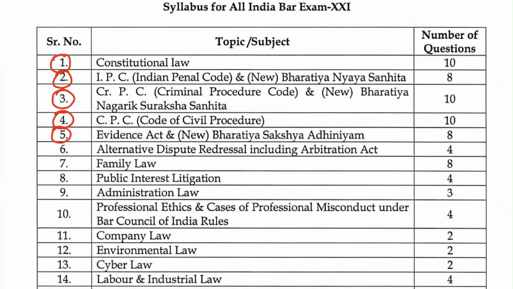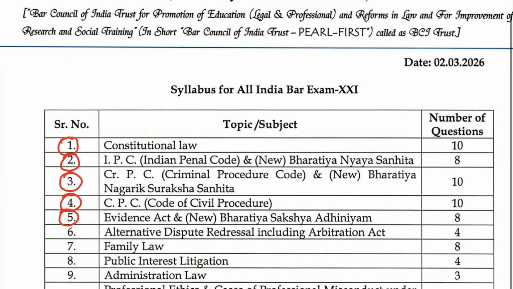So this is a list of five important major laws. You cannot afford to leave these subjects. If you skip any one of them, I'm sure you are not going to clear this exam, because these are the foundational subjects.